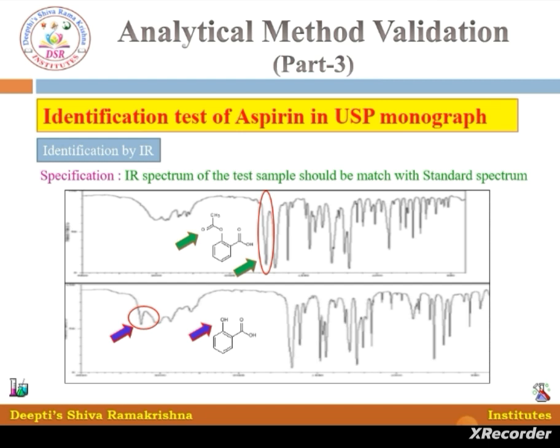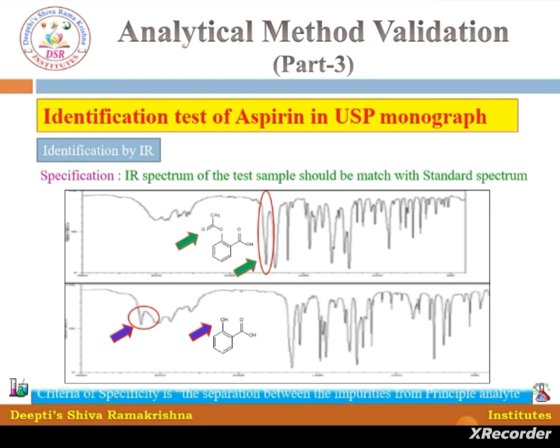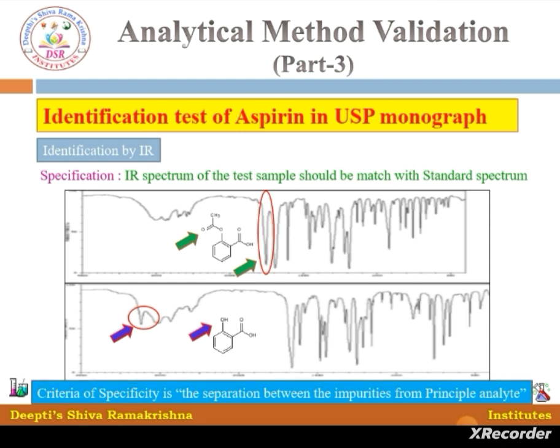By showing these two spectrums with different wave numbers, 3500 and 1800, we can prove that specificity can be performed by using identification by IR. The criteria is the separation of impurities from the principal analyte.